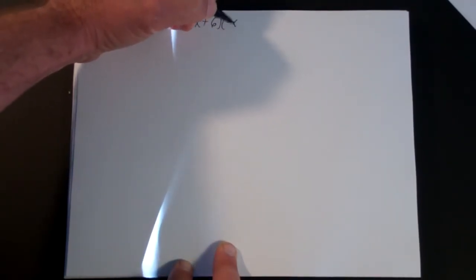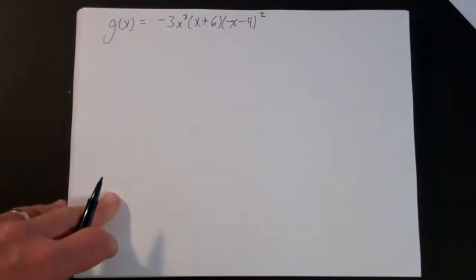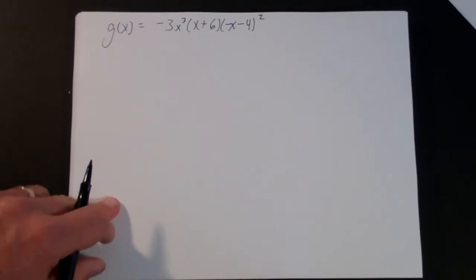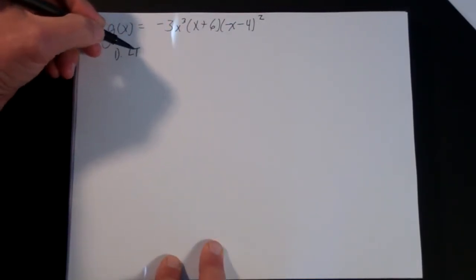Let's say we have g of x equals minus 3x cubed, (x plus 6), (x minus 4) squared. First step, leading term.